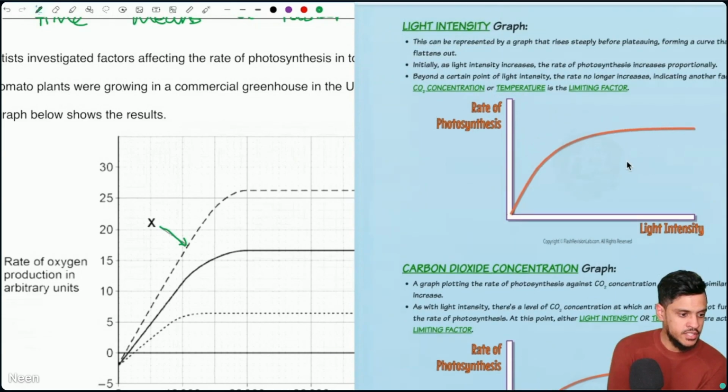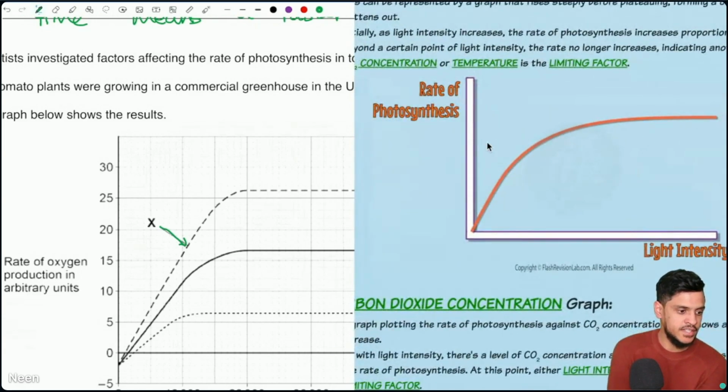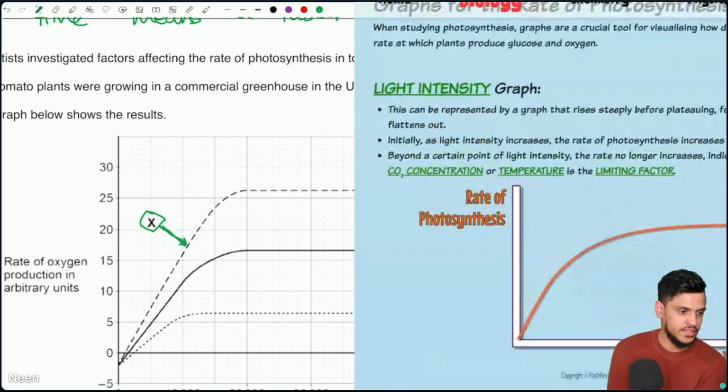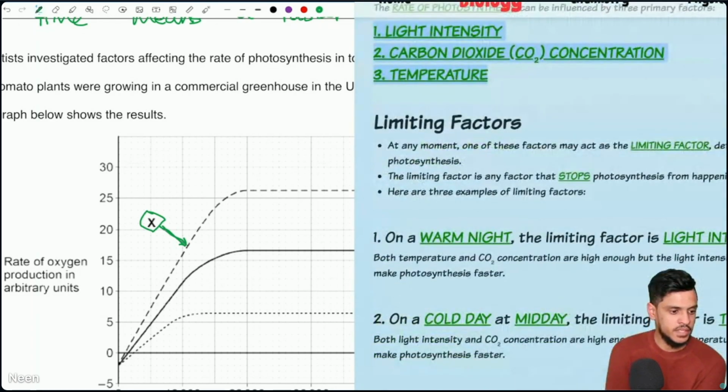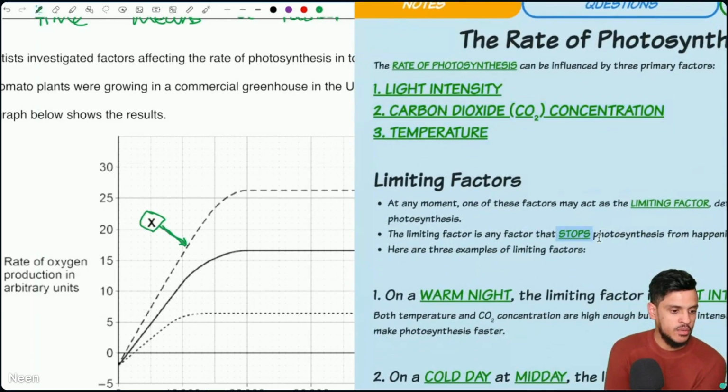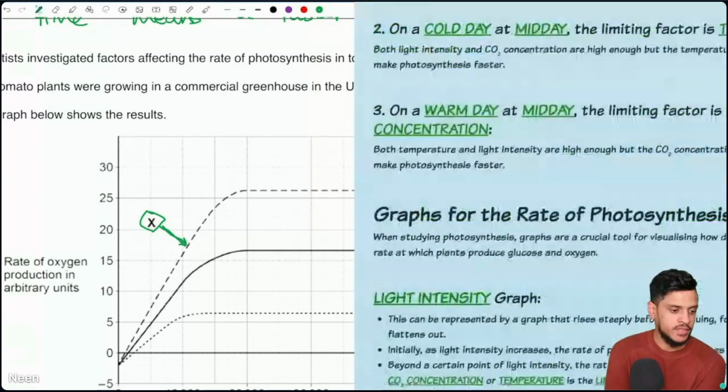Limiting factor, so this is a graph of light intensity against rate, right? Temperature and CO2 concentration are the limiting factor when it goes flat, this part of the graph. This is asking about point X when it's increasing. What does limiting factor mean? Limiting factor is something that stops photosynthesis from happening faster.